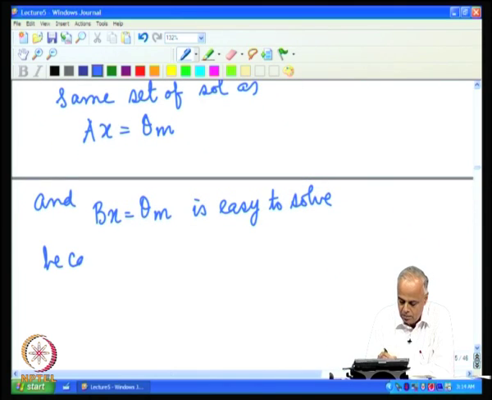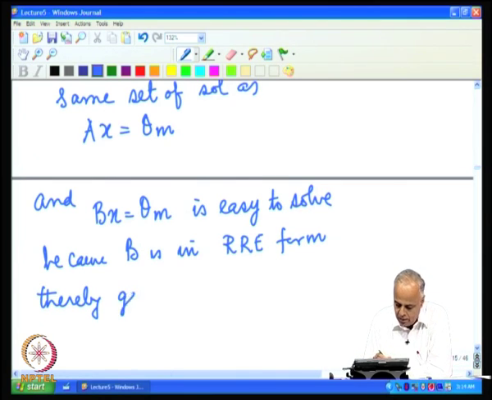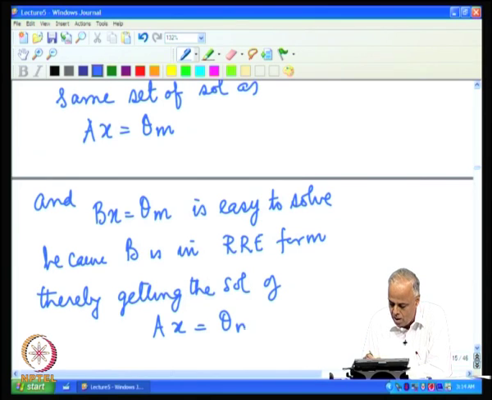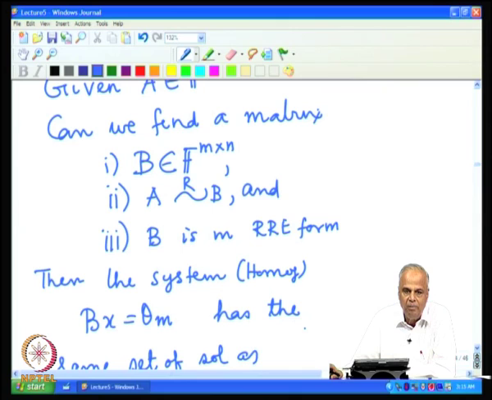because B is in row reduced echelon form. We have just seen that if a matrix is in row reduced echelon form, we have a systematic way of eliminating the pivotal variables in terms of the non-pivotal variables, and choosing arbitrary values for non-pivotal variables over the entire F, we can recover all the solutions for the homogeneous system, and thereby get the solutions of Ax equal to theta m, because as observed above, the Ax equal to theta m system and the Bx equal to theta m system both have the same set of solutions. So, the general strategy will be to get such a B. Can we find such a B?